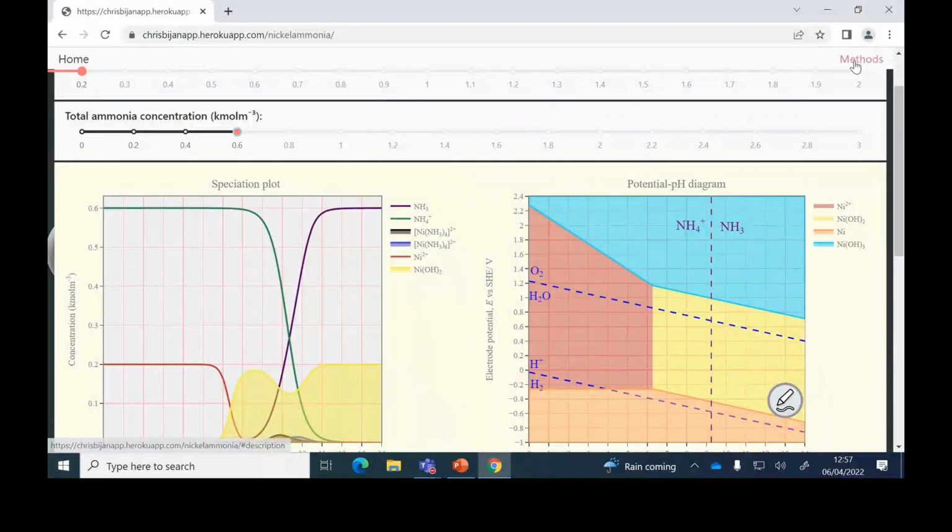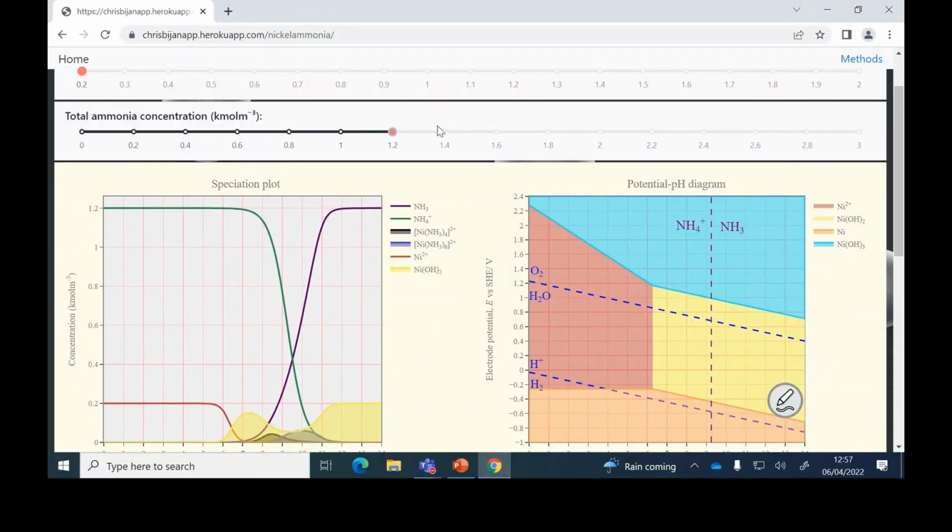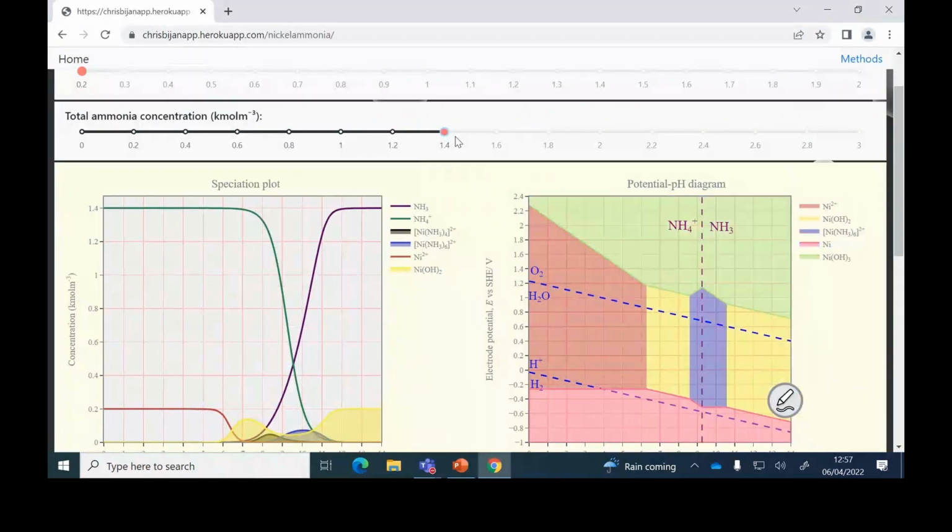Okay, so even though we can see some small peaks at the bottom from these complexes that have started to form, it's not predominant yet. So we can start increasing the ammonia concentration. And when we're really in excess with ammonia, we can see that we've now introduced this region of solubility that breaks up this NiOH2 dominance.